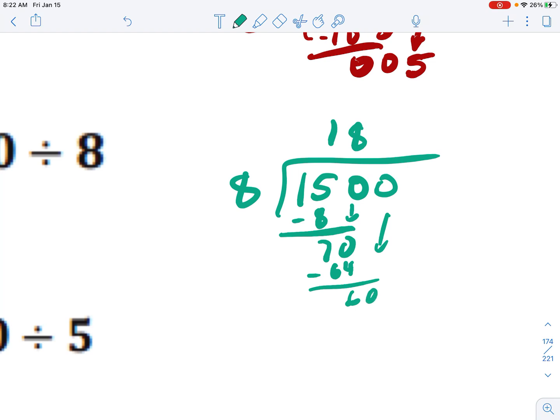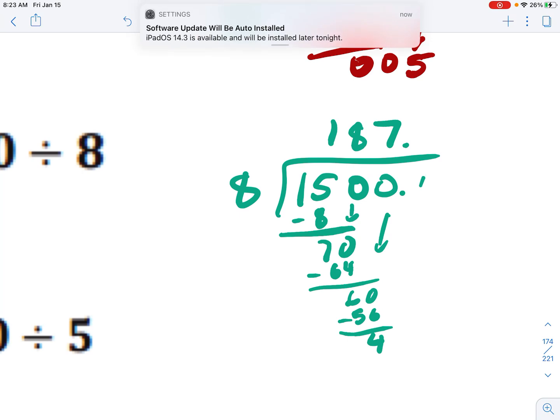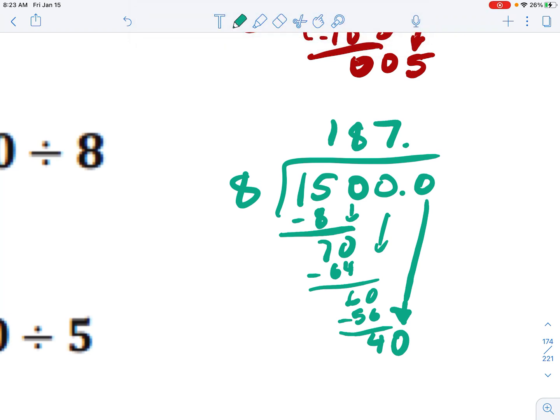And then you bring down the 0. 8 goes into 60 7 times. That is 56. And we have a remainder of 4, so we need to add a decimal, bring it straight up, and add a 0 and drop it all the way down. And 8 is going to go into 40 5 times. So my answer to this is 187 and 5/10.